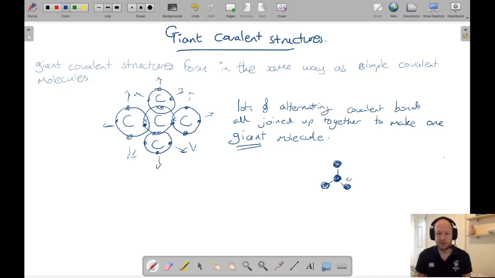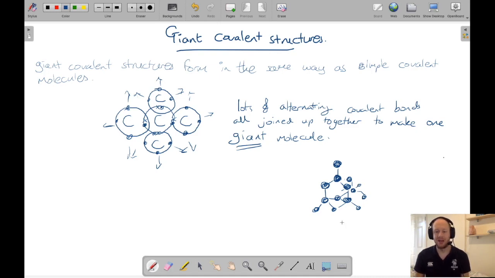Now, those of you that have done your home learning will probably know exactly what this molecule is that I am drawing. If you don't know what it is, I really do suggest that you do your home learning. You need to know exactly what it is that you are talking about. Right, here we go, and then this will be down here.